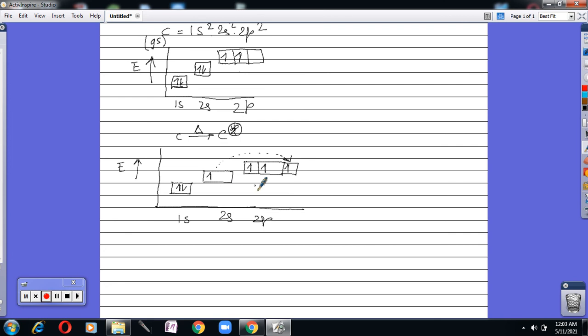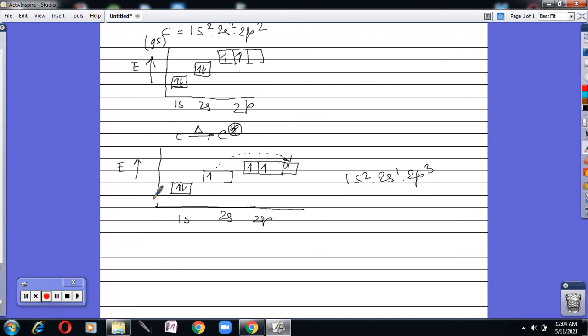Now you have a single electron in the 2s orbital and a single electron in each 2p orbital, right? The electronic configuration is 1s2, 2s1, 2p3.